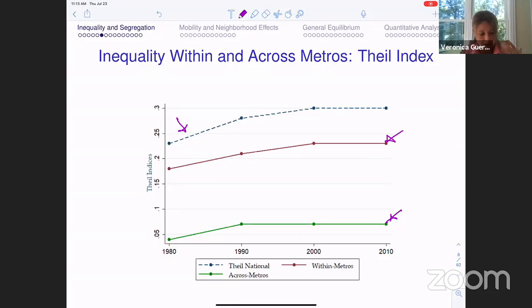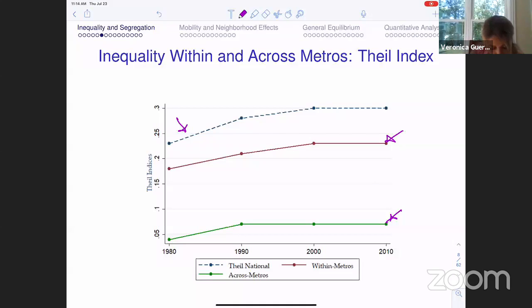Lots of literature so far has focused a lot on the rise in inequality across metro areas. There is a growing literature now thinking about within metro areas, but this figure wants to show you that both types of increasing inequality have been important to the overall picture. The level of the within-metro-area inequality is clearly higher, but what we care about here is the slope, the growth in inequality.